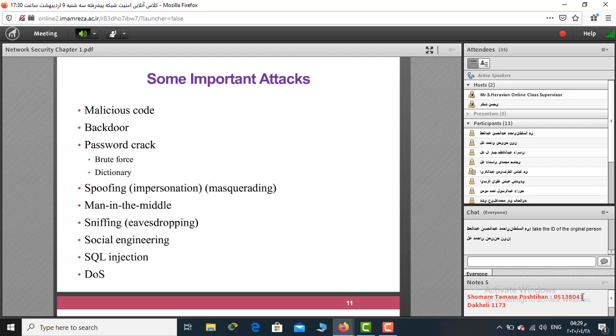In fact, man in the middle is a kind of spoofing, but a two-way spoofing. The attacker pretends for Alice that he is Bob and for Bob that he is Alice.